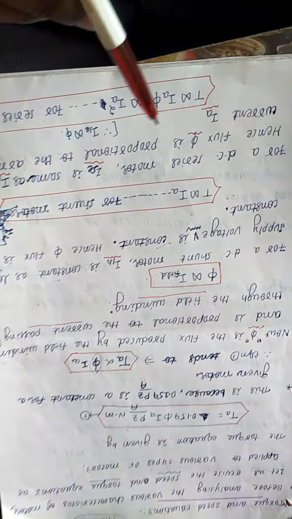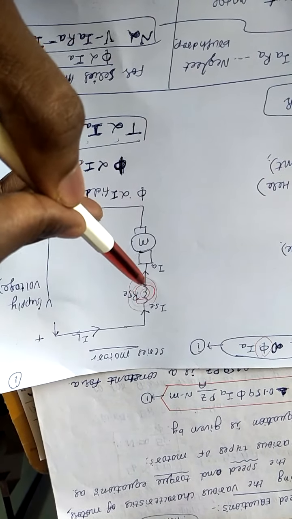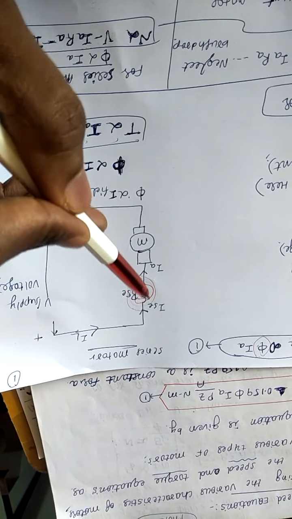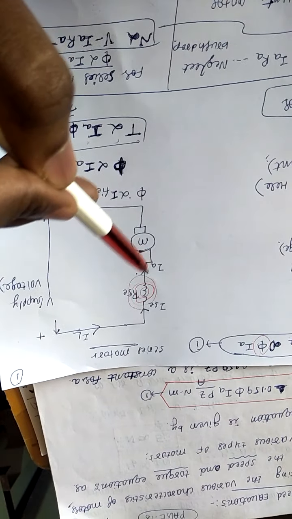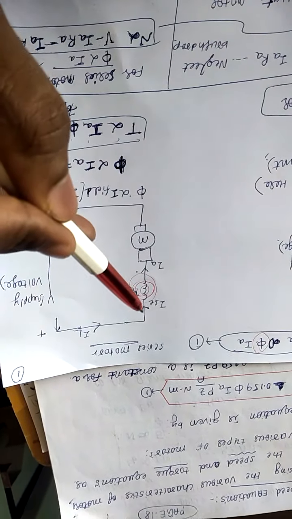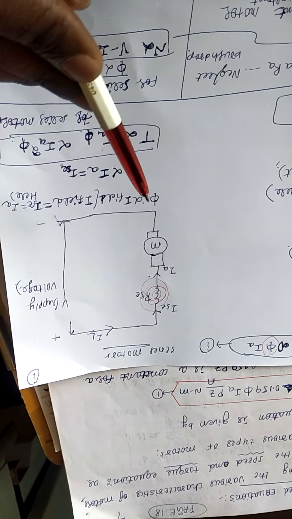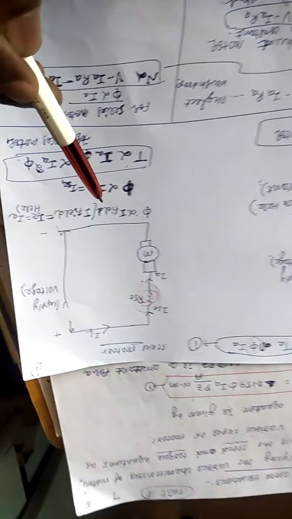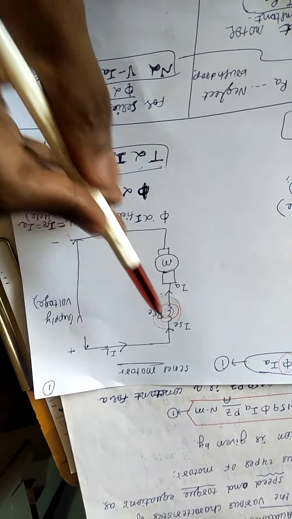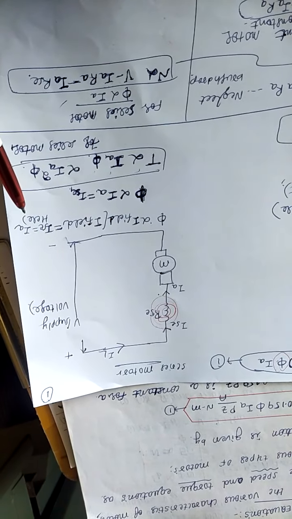Okay, if we come to the DC series motor, what will happen? This is your series motor. The current through this field winding is Isc. Ia is the armature current, IL is the load current. All three currents are equal, because they are in series. Therefore, the flux produced is directly proportional to the field current, Isc, which is equal to Ia.